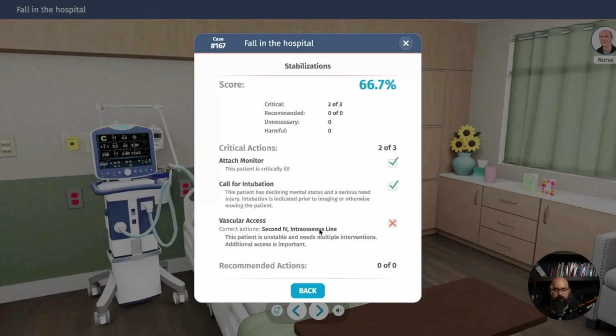I probably should have looked harder for that, but as most of you already know, if you have an active trauma, GI bleeding, or massive hemorrhage of any kind, you want two large bore access points to be able to do adequate resuscitation. And do not forget this.